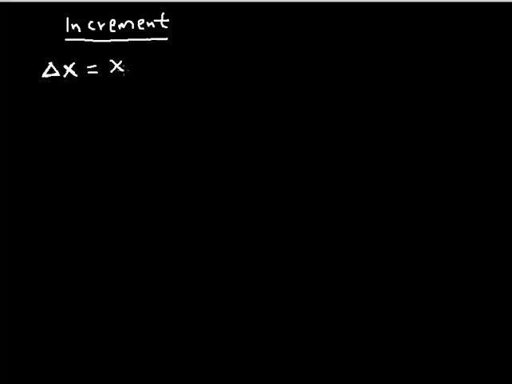We have an increment if there are two points in the rectangular coordinate system. The difference between the x coordinate of the final point and the x coordinate of the initial point gives me the x increment, or change in x.